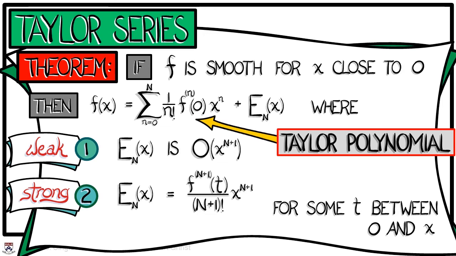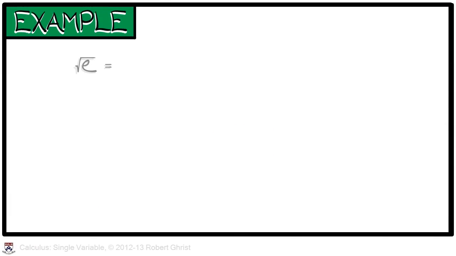You're saying exactly what the error equals as a function of x. What I'm not telling you is what t you have to choose in order to evaluate that n plus first derivative. Now, I'll let you work out what this would be if you replace 0 with a. Let's see how this bound works in an example.